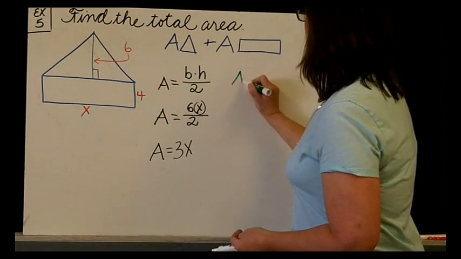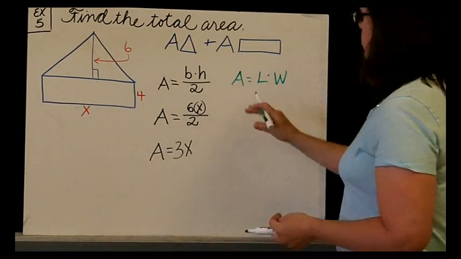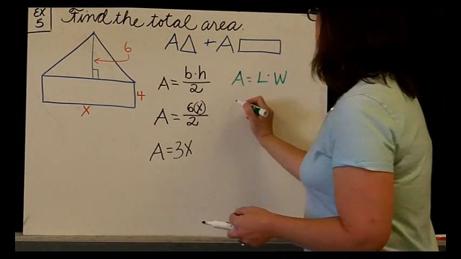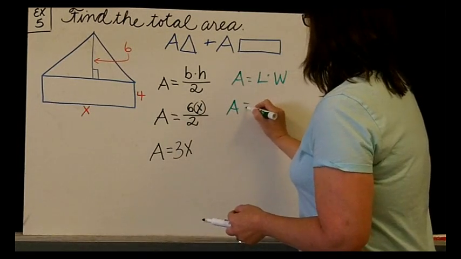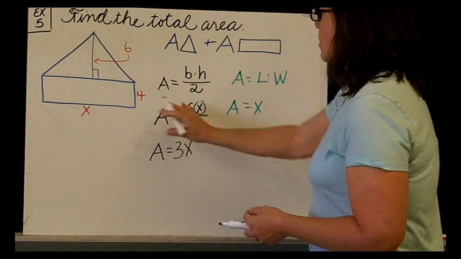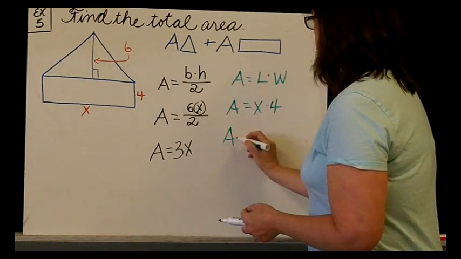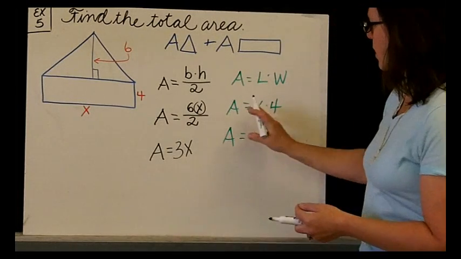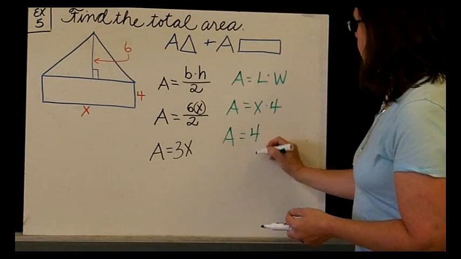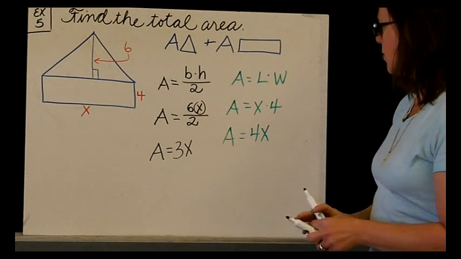Now to find the area of the rectangle. Again, we start with our formula. The length is x units, and the width is 4. And then we will simplify it. The proper way to write x times 4 is to have the 4 be in the coefficient's place and x following it.